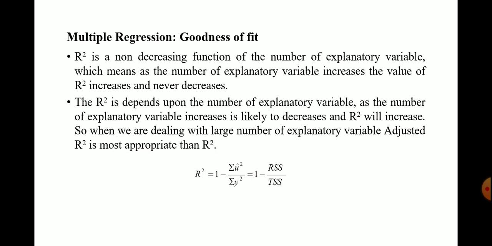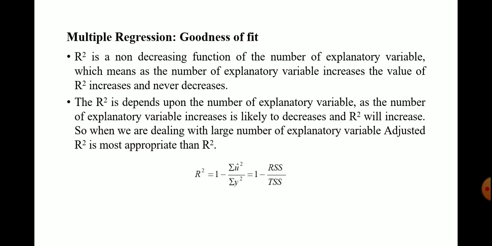All other things, precision of the model, variance, standard error, hypothesis testing, will be the same except the t-test. Here we can test the individual coefficient using the t-test, and we can also test the joint significance using the f-test.